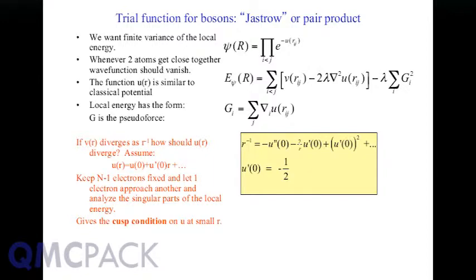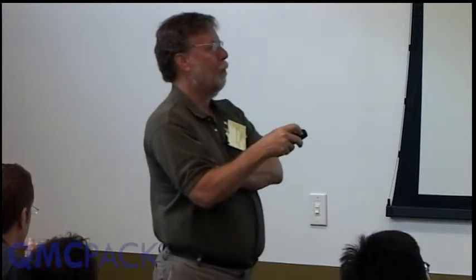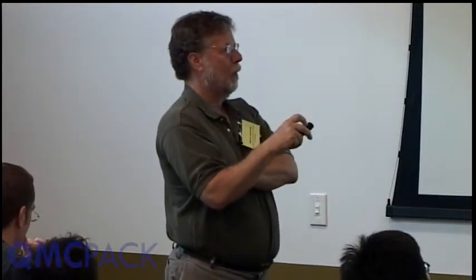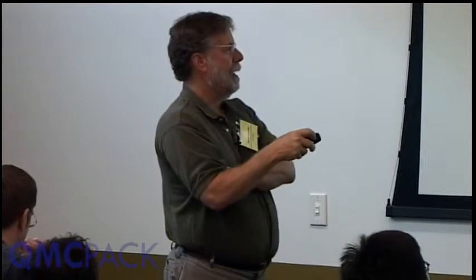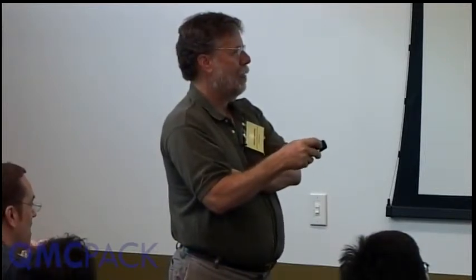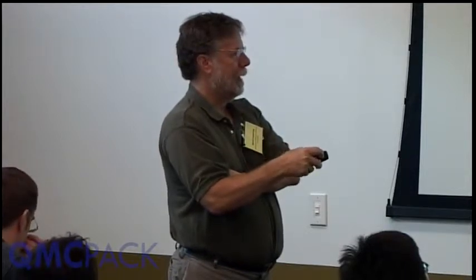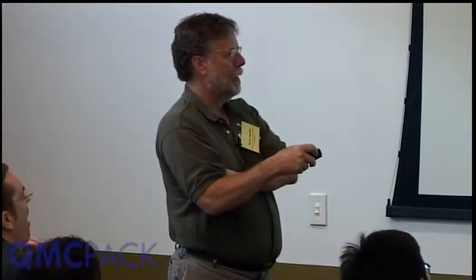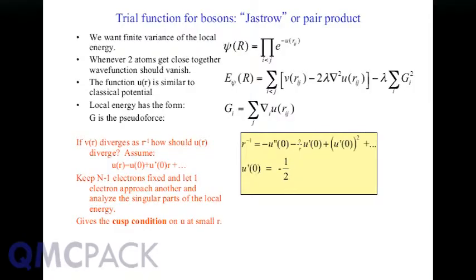Now, the local energy argument says, now, let R_ij go to 0. What terms are going to diverge? Well, we know V of R diverges. It goes like 1/R. And if you expand the U function as R goes to 0 in terms of the derivative at R equals 0, and again, I'm sorry this came out so faint, basically there is U double prime of 0.